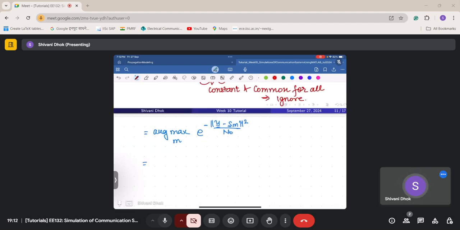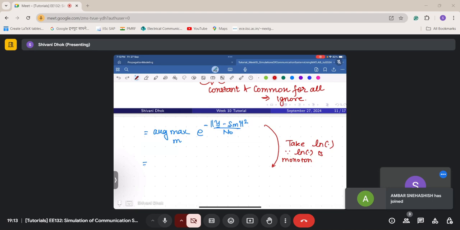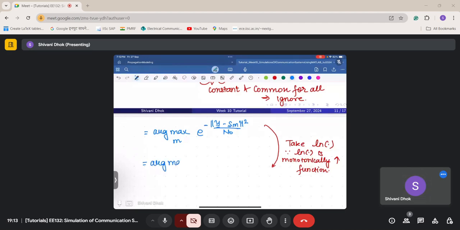Now what we can do is take natural log, and since natural log is a monotonically increasing function, this max is preserved, so it will still remain max. So this becomes argmax over M of minus norm of (y minus Sm) square by N naught.